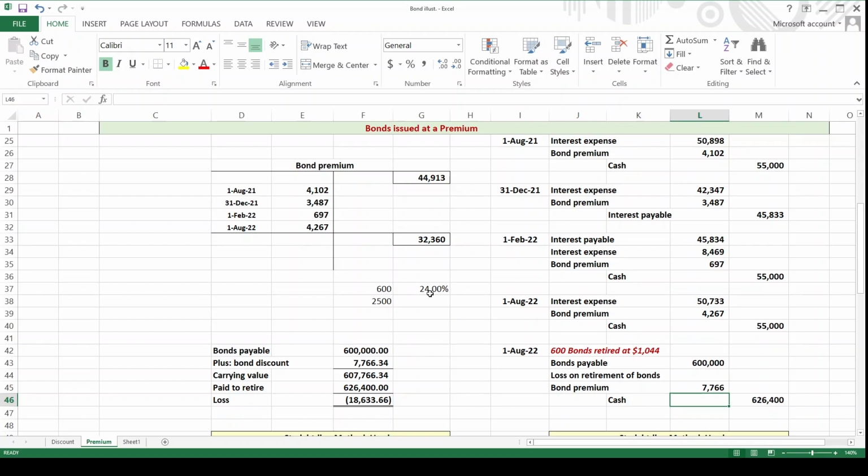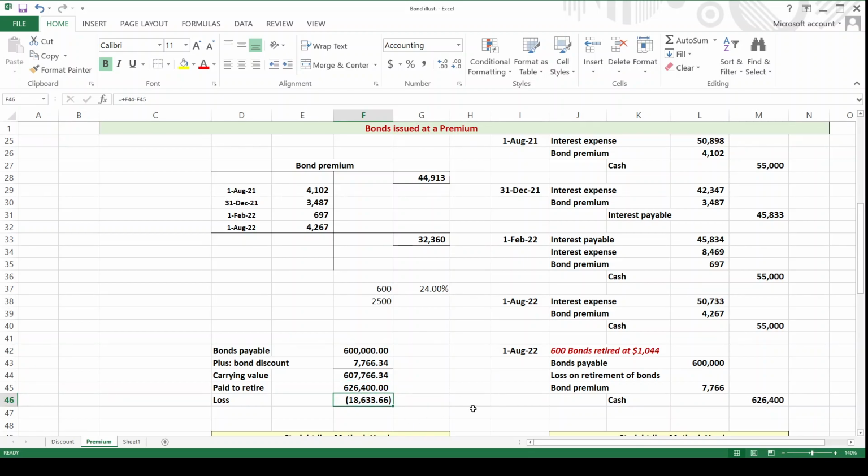Okay. Now, we did issue the bonds at a premium, but it wasn't enough to create a carrying value which was going to give us a gain, which would be, I would assume, very unlikely in the real world. So here's our carrying value, 600,000 plus the unamortized premium, these two numbers. We paid $626,000 to get rid of these bonds.